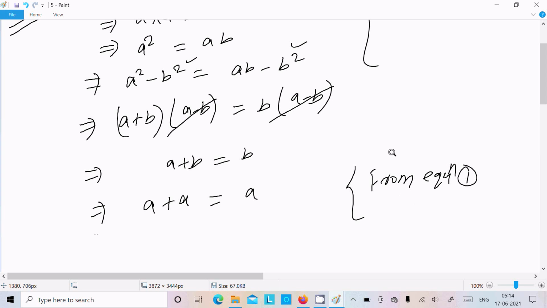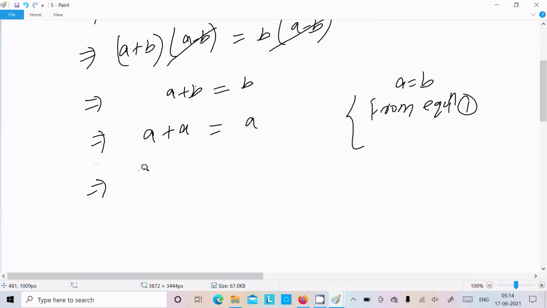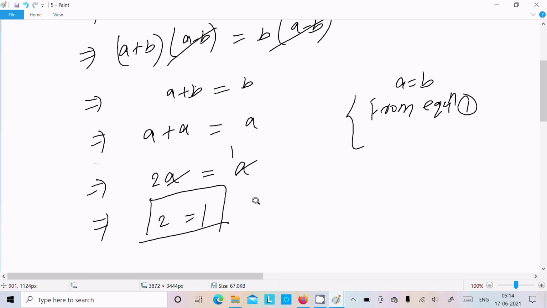So from equation 1, A equal to B. So in B's place, I put A, and in B's place A. This is now A plus A, that is 2A, and here A. A cancels on one side, so here 2 equal to 1. So it's proved.